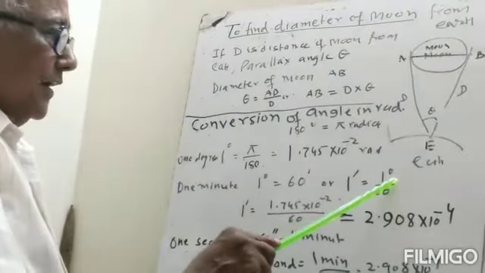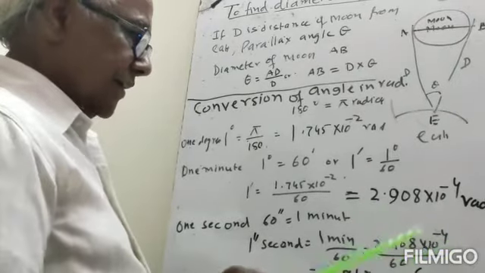Now we can convert 1 second. There are 60 seconds in 1 minute. 1 second is written as 1 double bar. 1 second will be equal to 1 minute divided by 60. The value of 1 minute is 2.908 into 10 raised to minus 4, divided by 60.